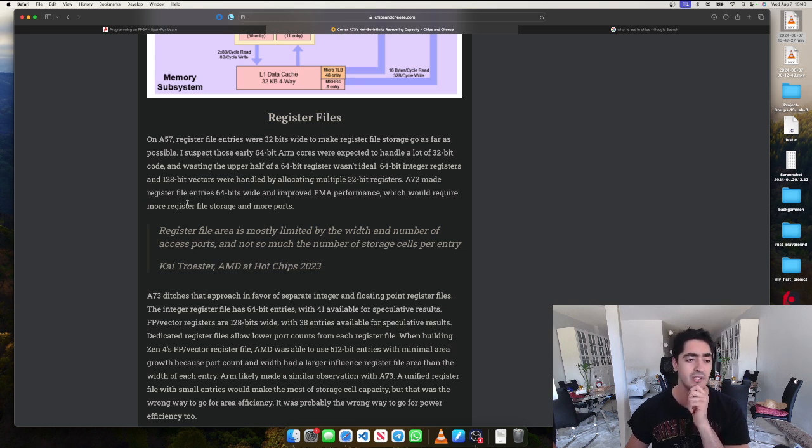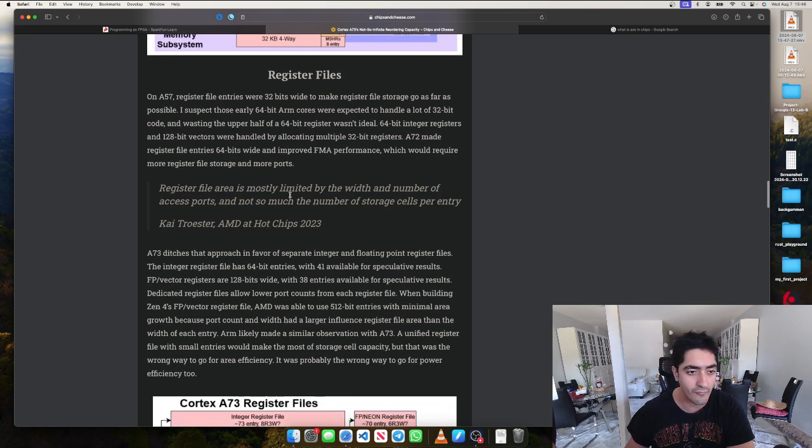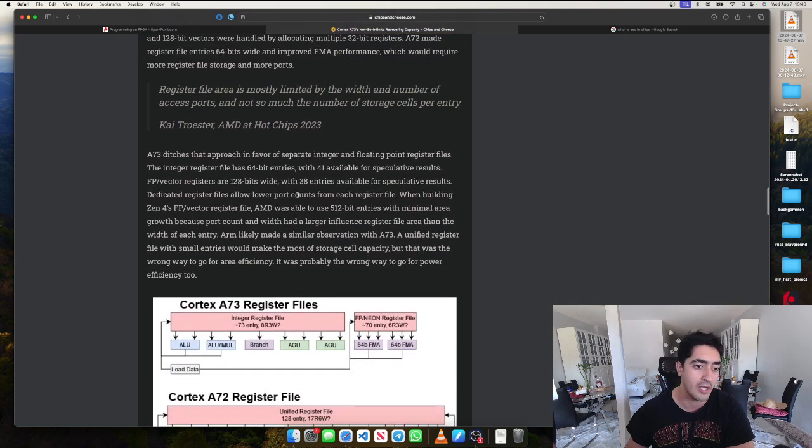A72 made register file entries 64 bits wide and improved FMA, fused multiply add, performance, which will require more register file storage and more ports. Register file area is mostly limited by the width and number of access ports, and not so much the number of storage cells per entry.